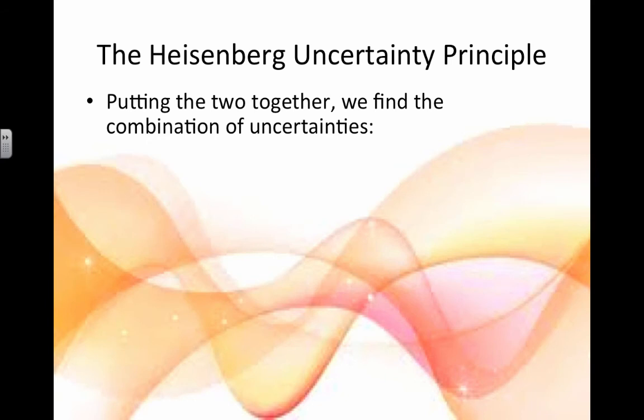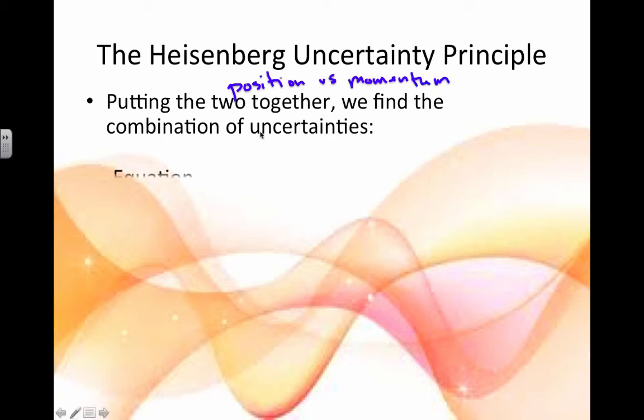So Heisenberg put two things together. First thing is position. Where is the object? The other thing was its momentum, or velocity times mass. Like, where is it and how fast is it going?